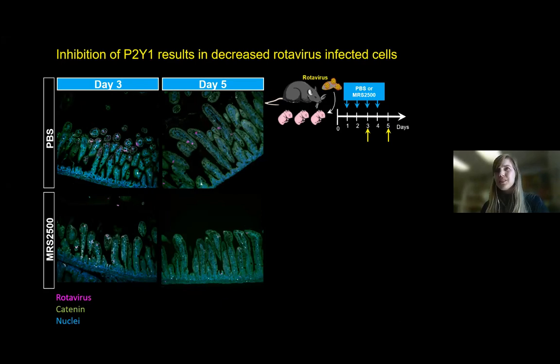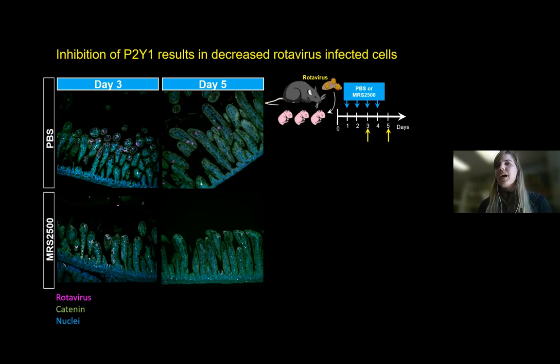So as we see that there's a difference in the viral shedding within the stool, we also wanted to see if there's any difference in the number of infected cells within our pups. And so what you see here are some of our immunofluorescence images looking at rotavirus, which is stained in magenta. We have our PBS treated groups at the top row and our MRS treated group at the bottom, at day 3 and 5. And we do see that you can detect rotavirus infection in both groups.